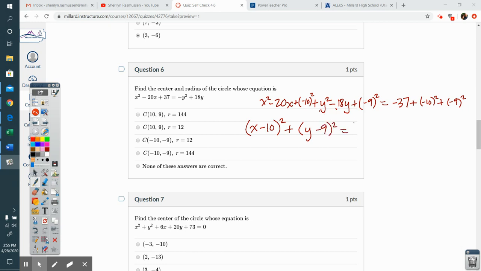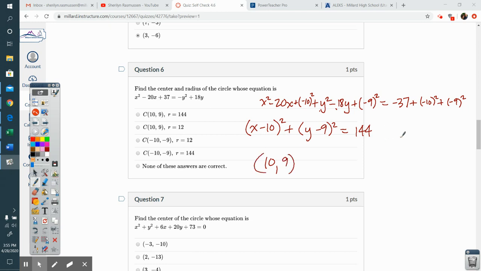And that equals, and I just have to plug all these things in. It's negative 37 plus a negative 10 squared plus a negative 9 squared. That equals 144. So the center is 10, the opposite of this, the opposite of that, and 9.